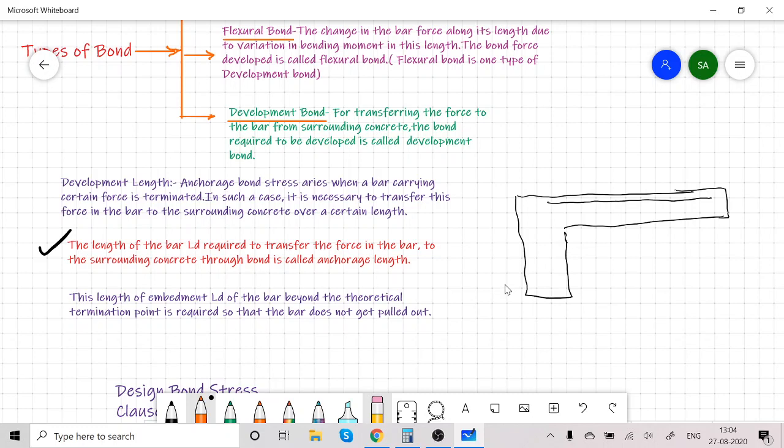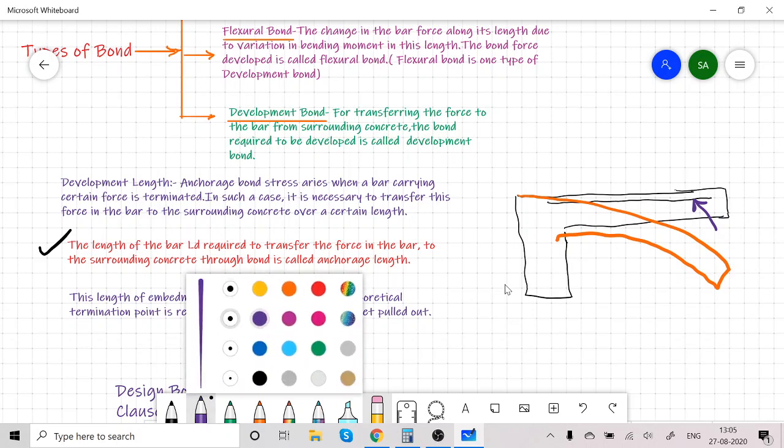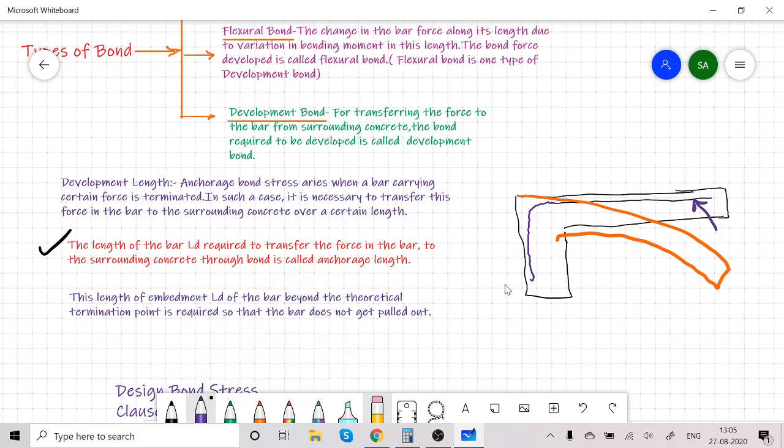There is a possibility of the bar getting pulled out due to this hogging bending moment. To avoid this, one should embed this top bar, which is under tension, to a sufficient length so that it will not get pulled out.